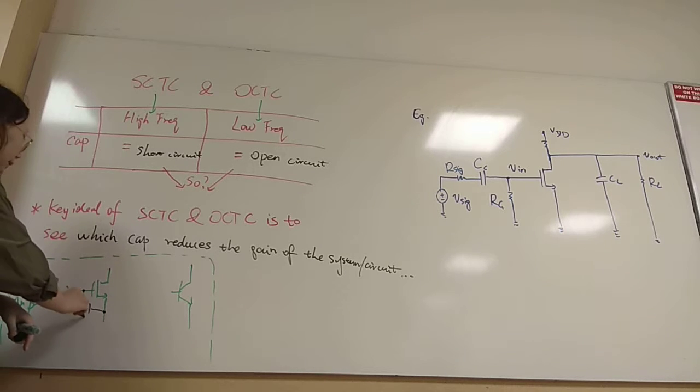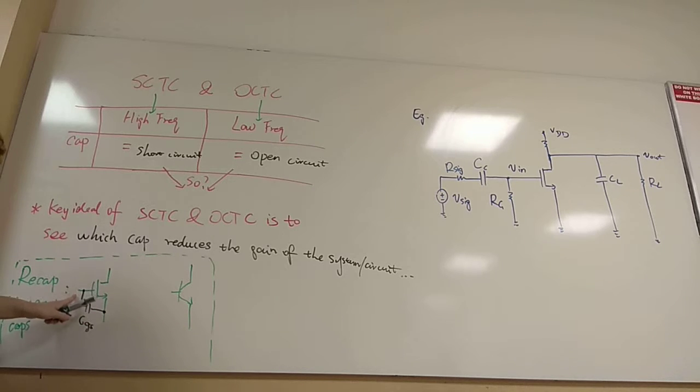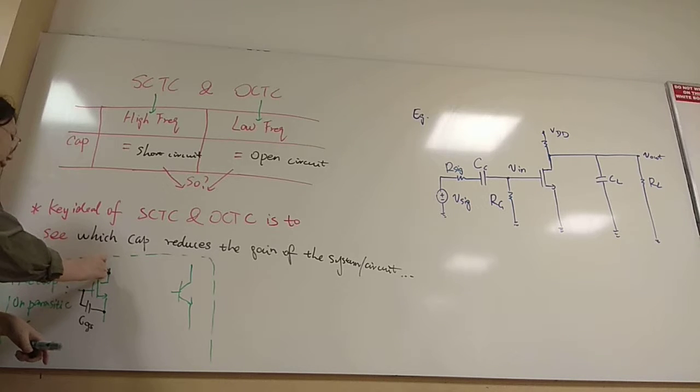CGS, because it's between the source and gate. Another one? Between drain and gate. So it is called CGD. I got one more.